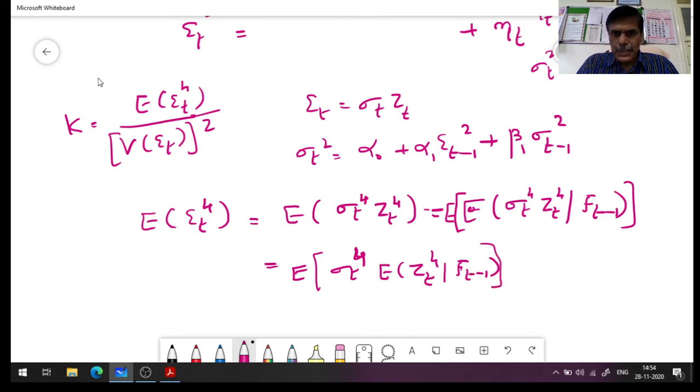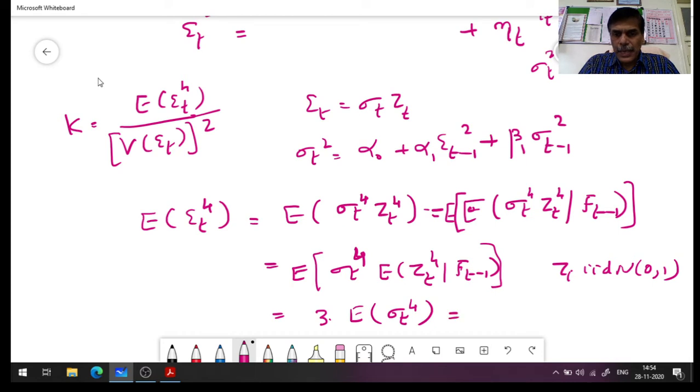Now, conditional or non-conditional is not going to make any change because zt doesn't depend on that. Assuming zt to be IID normal 0,1, the expectation of z to the power of 4 is 3, so we get 3 sigma t to the power of 4.